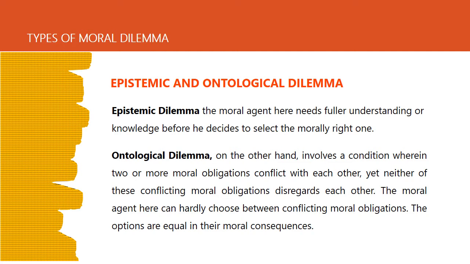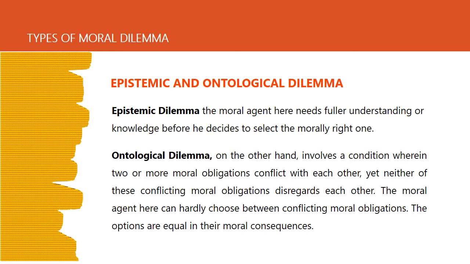At the same time, her sister needs financial help for medicine. Now, Arlene has two options: whether she will buy a new dress that she desires or give the money to her sister. Which one is morally right in this situation?